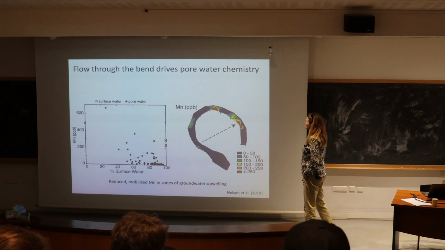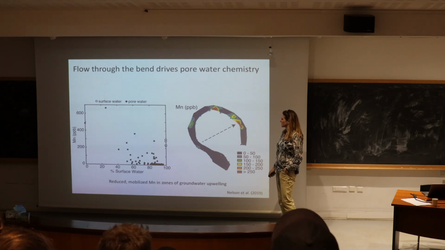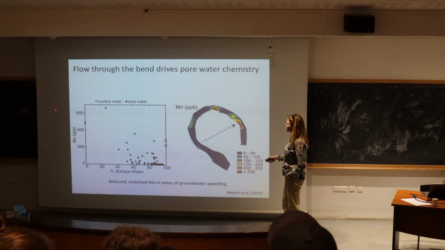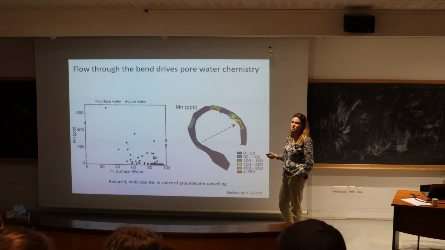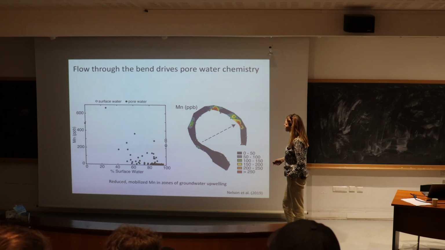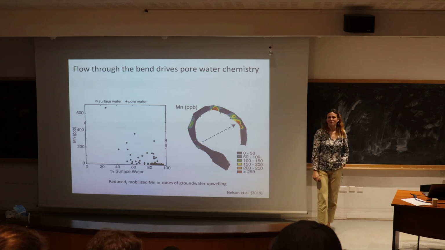We also looked at the dissolved manganese, and this one followed maybe a little bit less of an obvious trend, but some of the more groundwater dominated samples have really high dissolved manganese concentrations because it's reducing groundwater. The stream looks like this, and then the pore water is kind of all over the place, but a lot of the pore water is actually depleted in dissolved manganese.